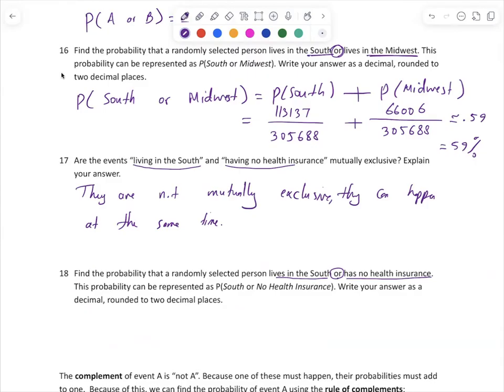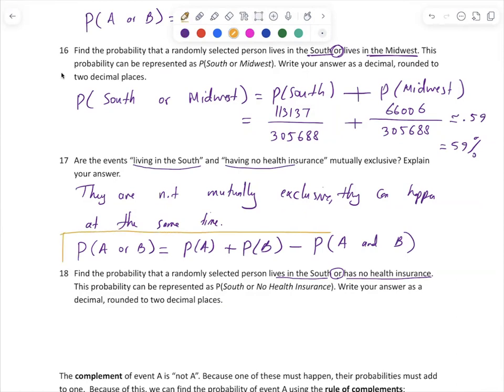This is going to be very interesting when we are finding the probability of not mutually exclusive events. The probability of A or B is going to be the probability of A plus probability of B, so far we have the addition, minus the probability of their intersection, A and B. So this is the one that we're going to use for not mutually exclusive events.